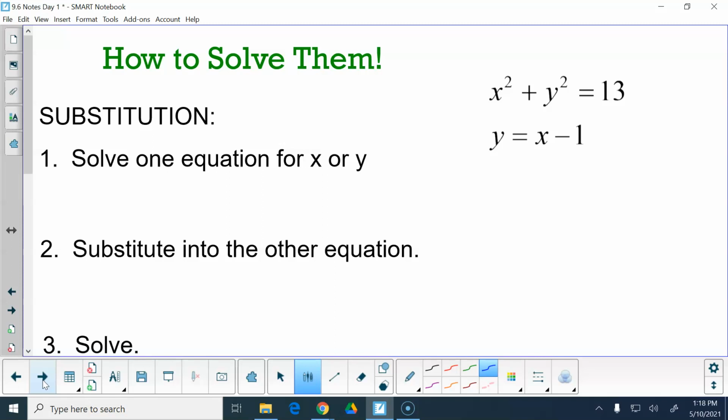So in this particular case, we solve the second equation for y because it was already done for us. Second step, substitute that into the other equation. Looks exactly like the steps that we've had so far. We're going to take this and we're going to put it into my other equation for y.